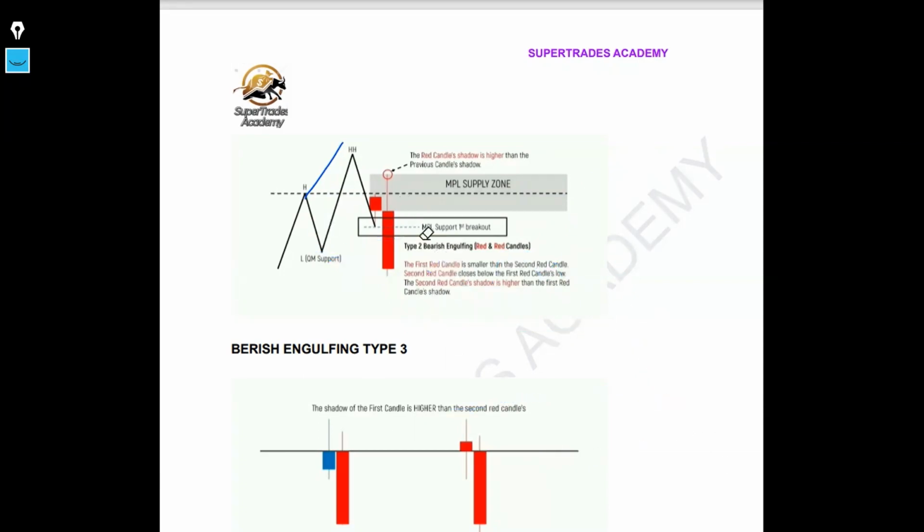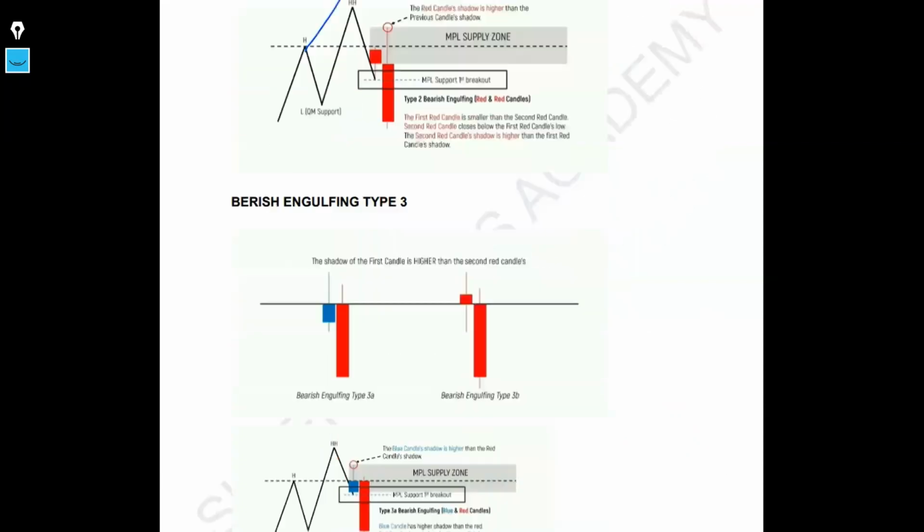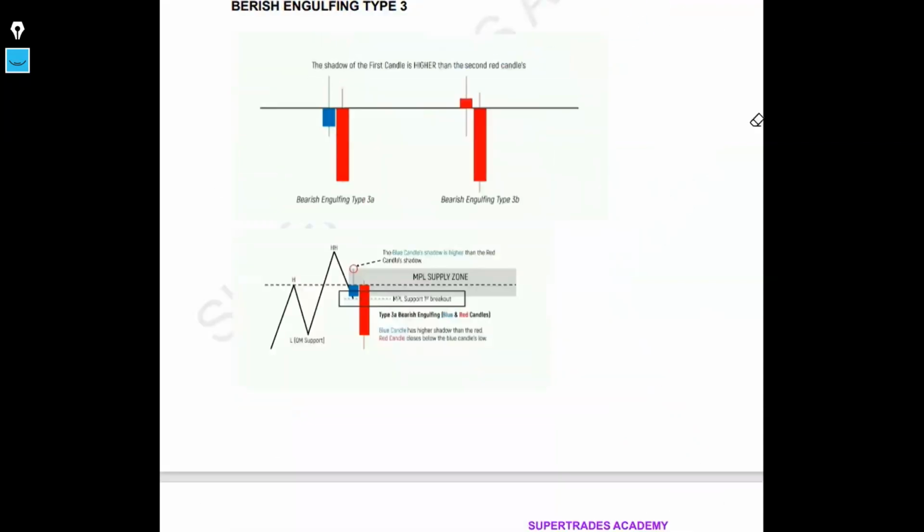So engulfing part 3. All these things you have to know and implement them. The shadow of the first candle is higher than the second candle, higher than this Marubozu candle.